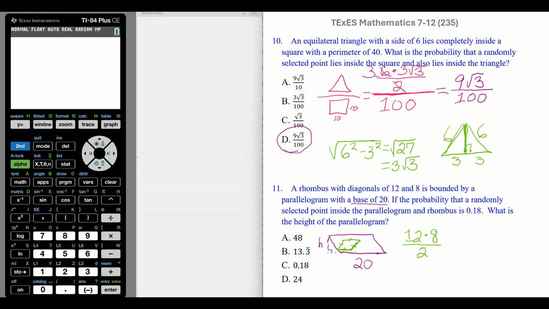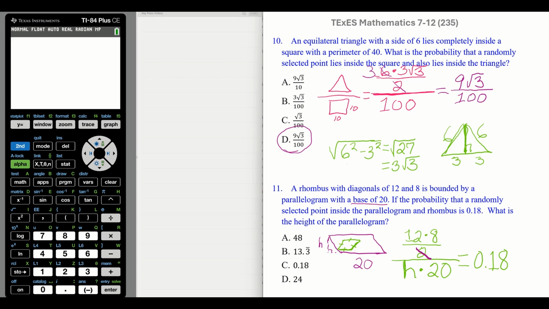So he's going to be the part inside your parallelogram. The parallelogram will be my denominator, which is height times 20. Make sure that looks like an H. And all of that equals 0.18. So what are we going to do here? Well, we know that we can do some little finagling, little canceling here.